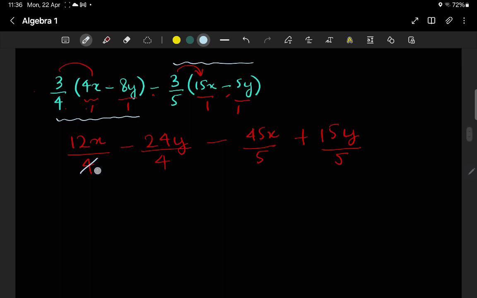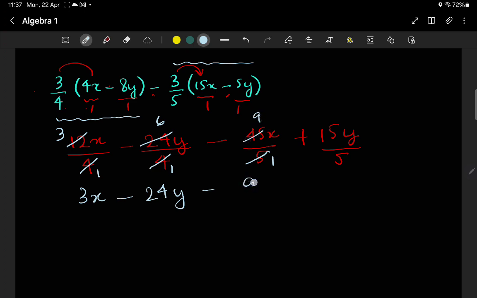So 4 times 1, 4 times 3 is 12, so it is 3x, minus 4 times 1, 4 times 6 is 24, y, minus 5 times 1, and 5 times 9 is 45, so 9x plus 5 times 1 and 5 times 3 is 15, so 3y.